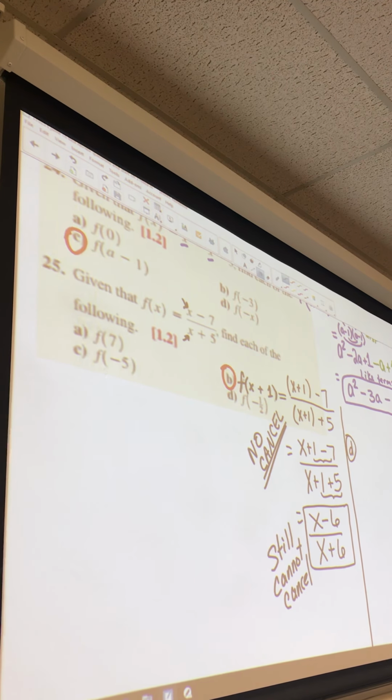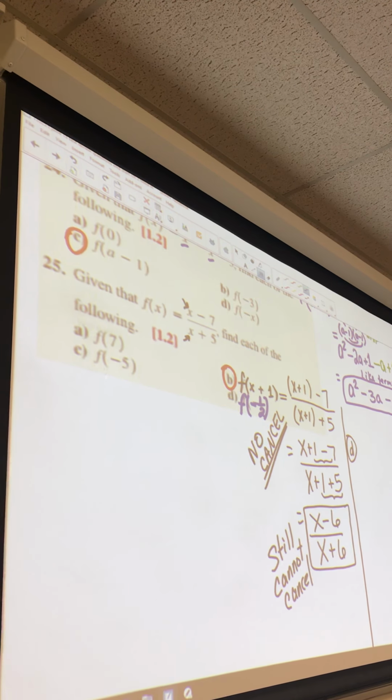All right, so on D, let's see. All right, so it's f of -1/2. Okay, so both the same x place, we're plugging in the -1/2. So, let's see what happens.